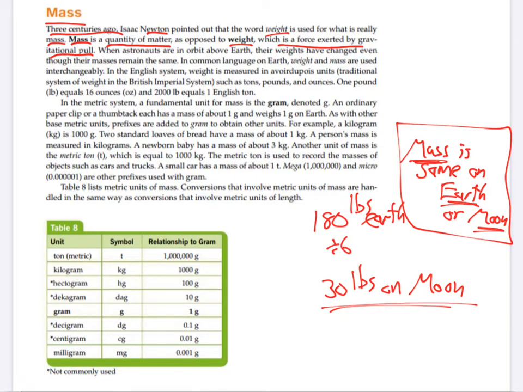Your amount of body material hasn't changed. That's your mass. But your weight will change. You'll weigh 180 pounds on the Earth, only 30 pounds on the moon, because the moon has a weaker pull on objects. The Earth has a stronger pull. So that's the difference between weight and mass, and that's an important distinction.